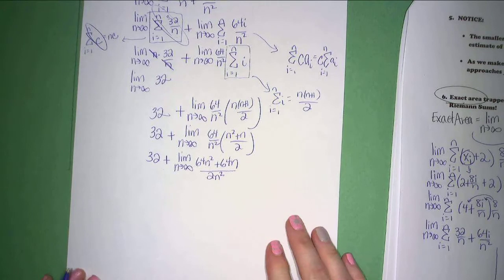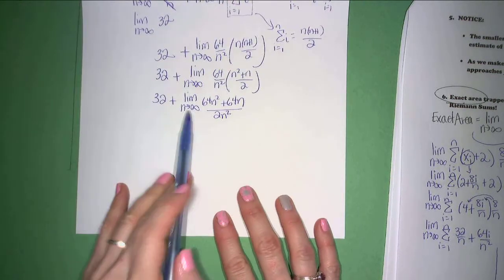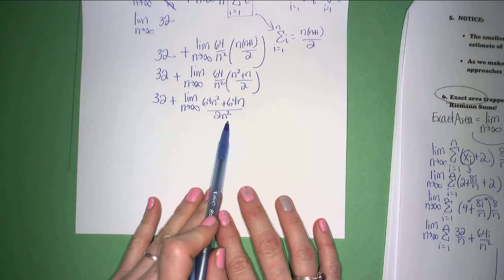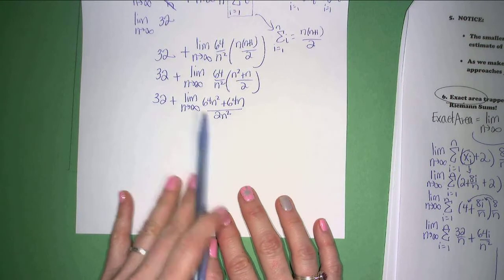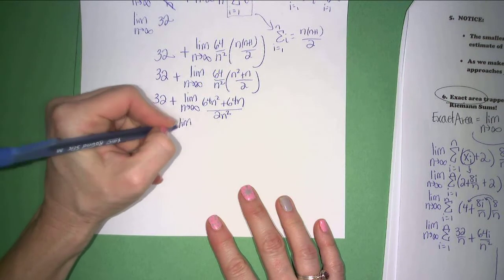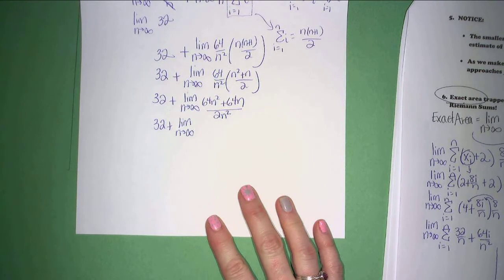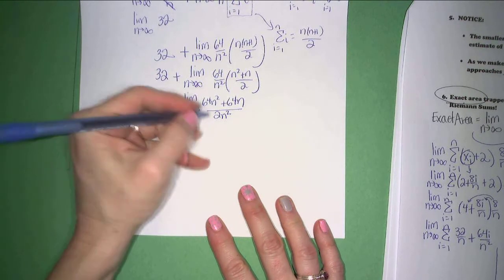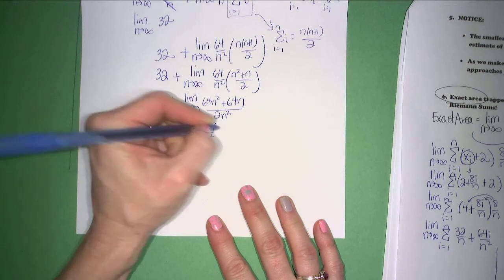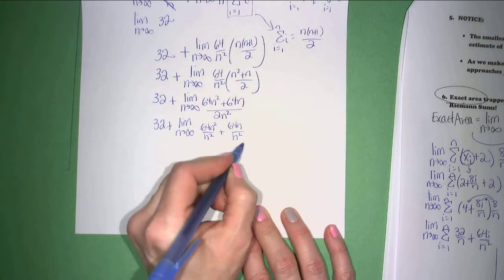Okay? Now, if I were to plug infinity in here right now, I would end up getting infinity over infinity, which is undefined. And we know from chapter 2 that what we do with limits at infinity is we divide each term by the highest power of n in the denominator, so it's going to look like this. 64n squared over n squared plus 64n over n squared all over 2n squared over n squared.